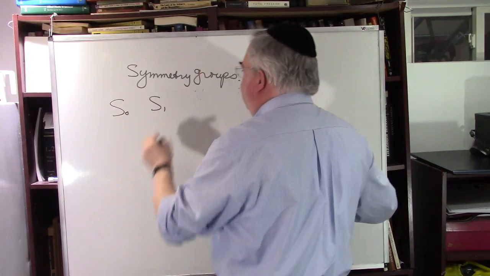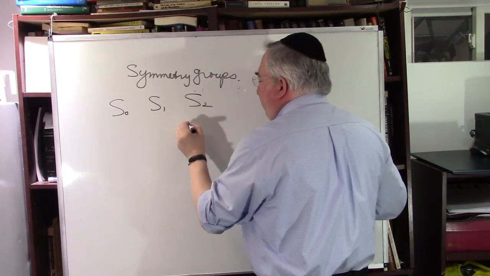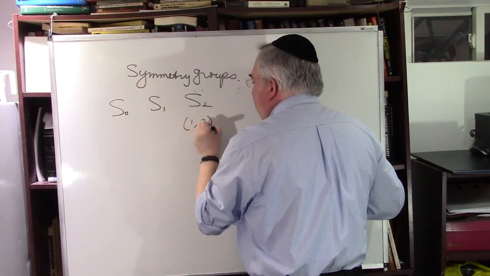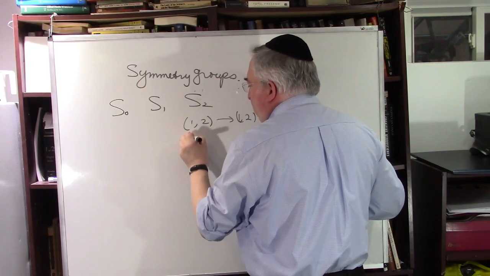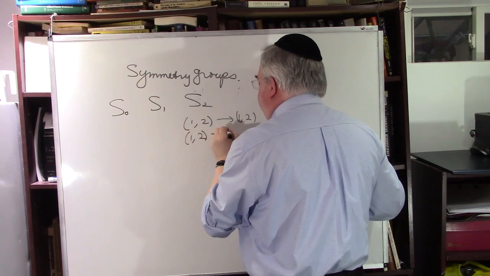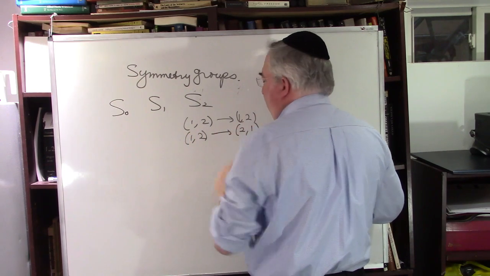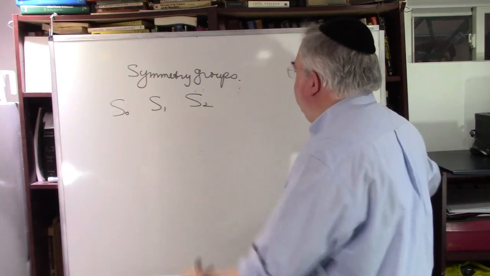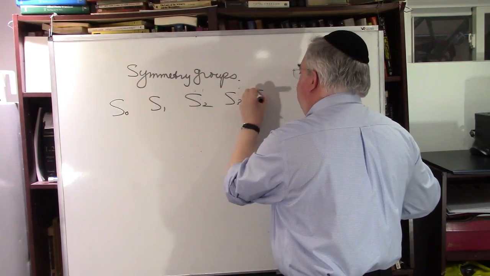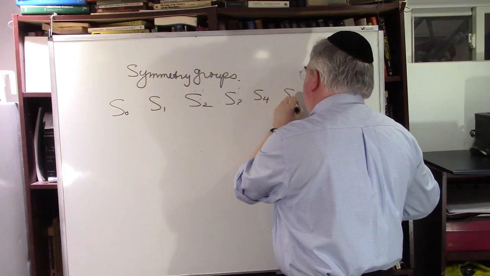S1, which has one element. S2, that's a funny group because basically it has the identity, and 1 goes to 2 and 2 goes to 1. So it only has 2 elements, that group.